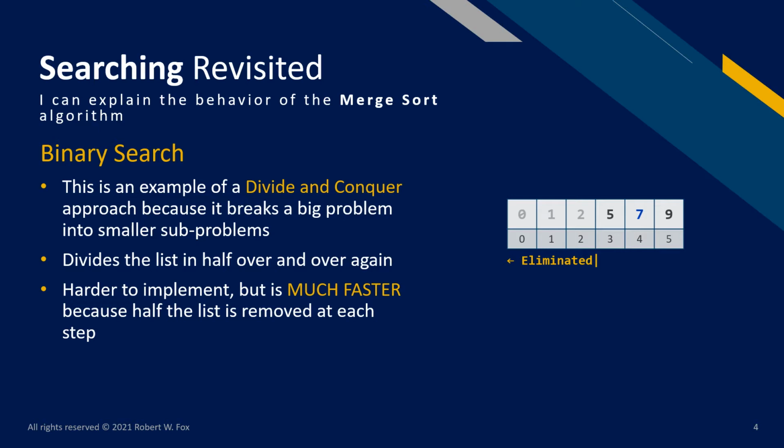Now, this is a harder to implement algorithm. It requires more complex code and the list has to be sorted. But if we're willing to do that, it is significantly faster because it's removing half the list at each step. In fact, I think during that lesson we talked about if you wanted to binary search the entire population of Earth, it would only take about 35 steps.